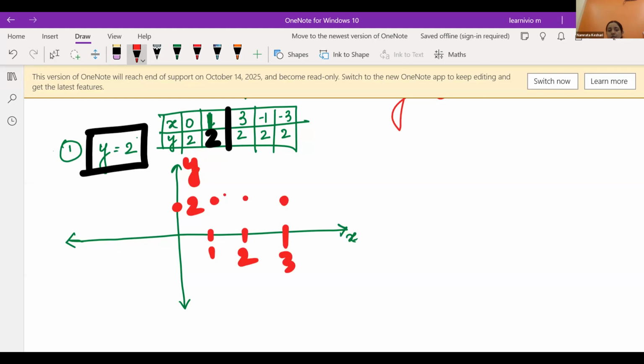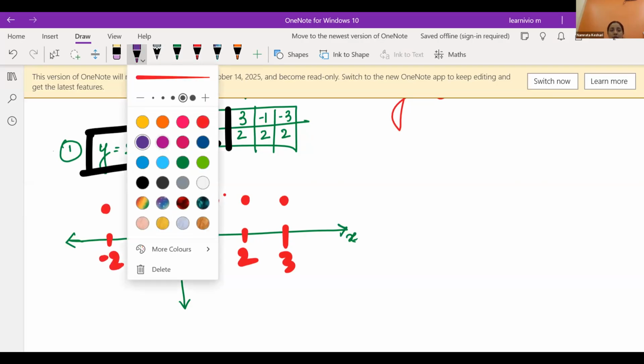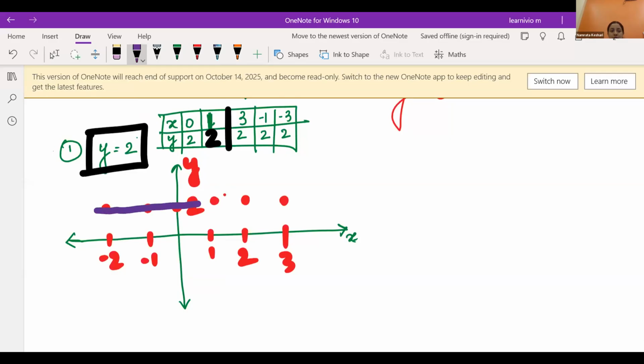Even if you take x as 2, y will be 2. If you take x as minus 1, y is 2. If you take x as minus 2, y will be 2. So the graph will look like this, passing through 2, parallel to x-axis. Getting it?